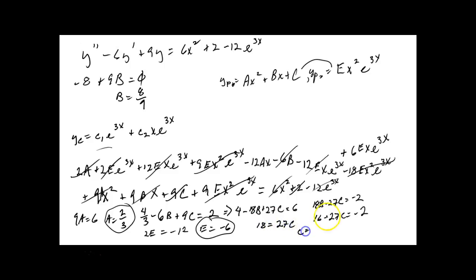So c is equal to 2/3, right? If I did it right. C equal to, yes. So here c is equal to 2/3, b is equal to 8/9, a is equal to that. A, b, c, we didn't have a d, e, I think that's all. Yep, that's all.